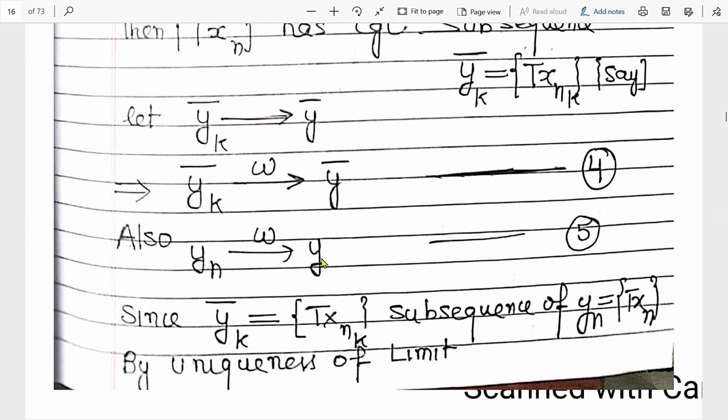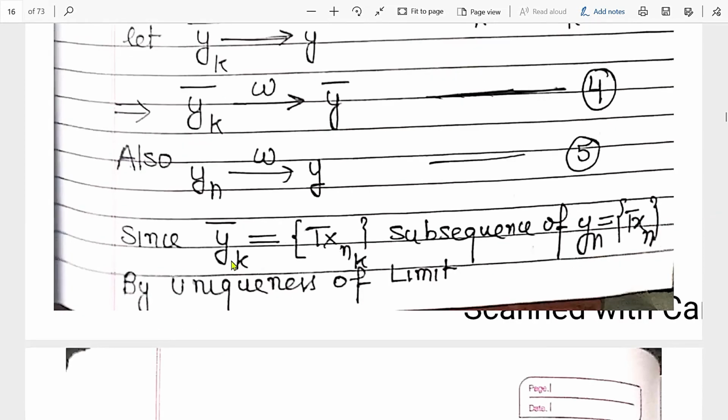If it converges to some point, then it converges to a unique point. Then yk bar is a subsequence of yn. By uniqueness of limit, these two are equal, because it is a subsequence of this.